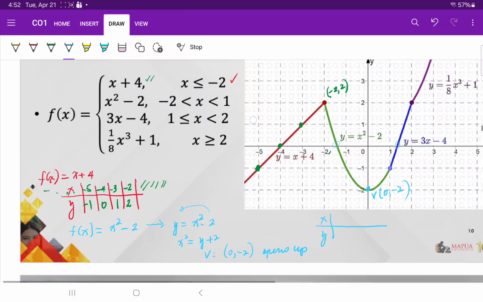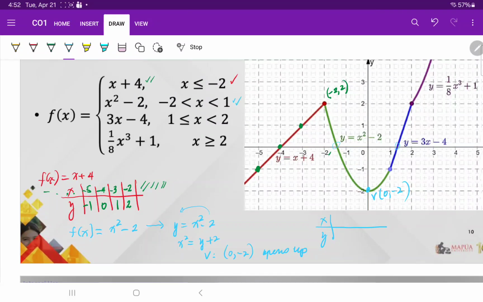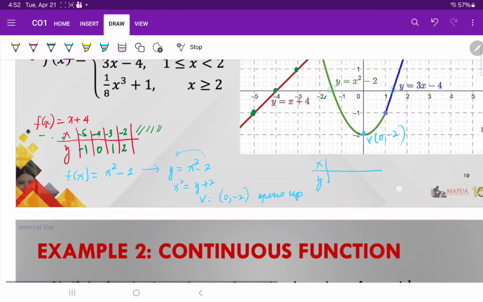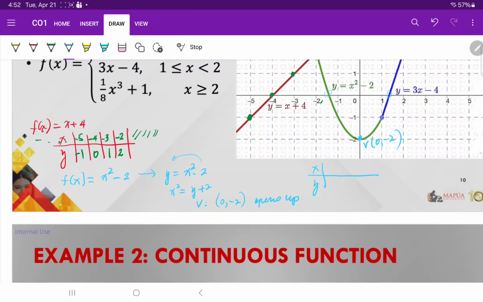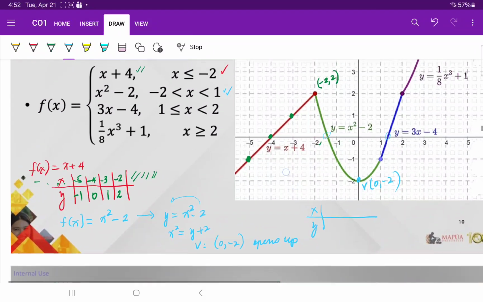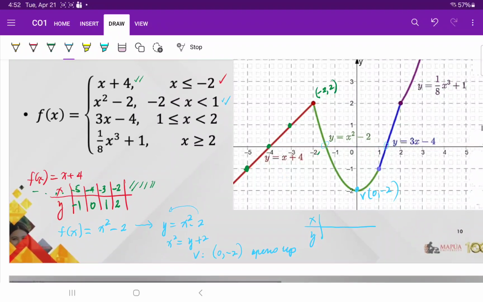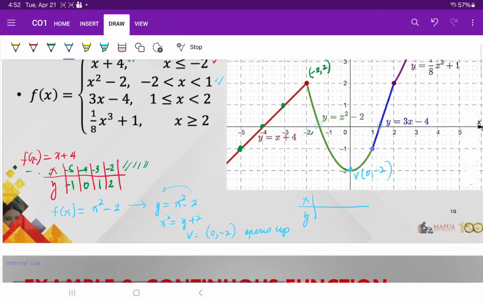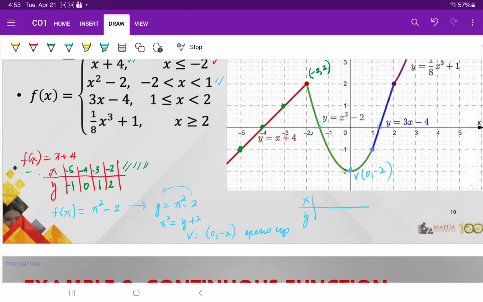It should be in between -2 and 1. So the first one here is that it's greater than -2 but less than 1. So greater than -2, then you have here -1, 0, 1. So these are our numbers. It should be greater than -2 but less than 1.